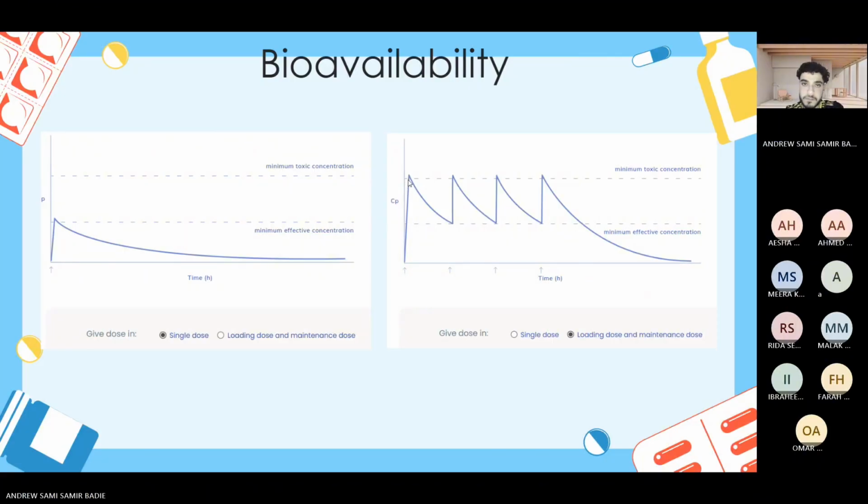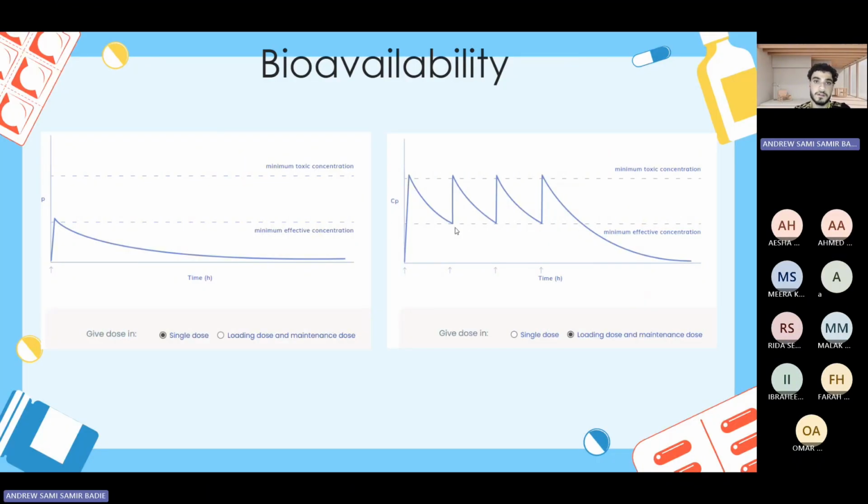Then, instead of taking the loading dose each time, it's taken once, and after that we take the maintenance dose only, because we don't want it to reach the minimum toxic concentration. So on the right hand side, the patient's blood level of the drug is always in the therapeutic range. And this is the concept behind the loading dose.